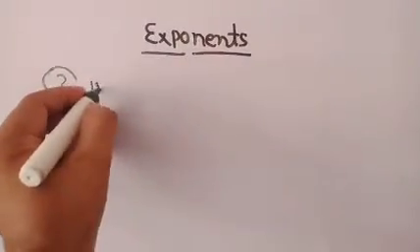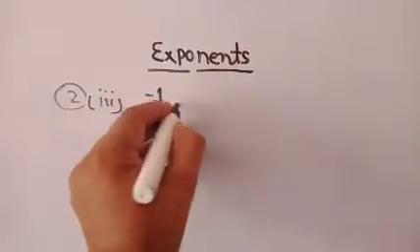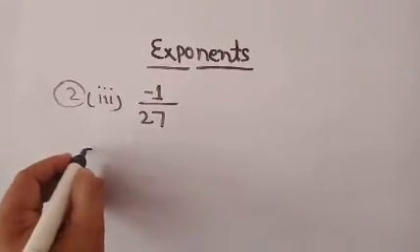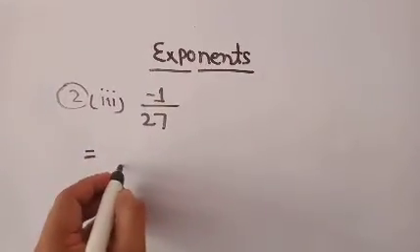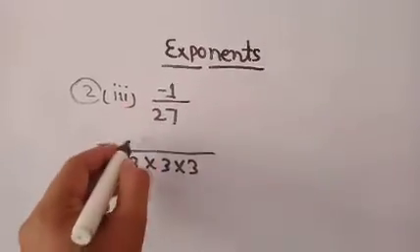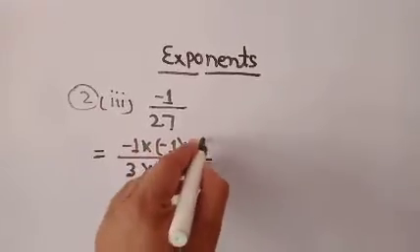Now the third part: minus 1 upon 27. Here is a negative sign, so you have to find the prime factors of 27. You know 3 into 3 into 3. So minus 1 is minus 1 into minus 1 into minus 1.